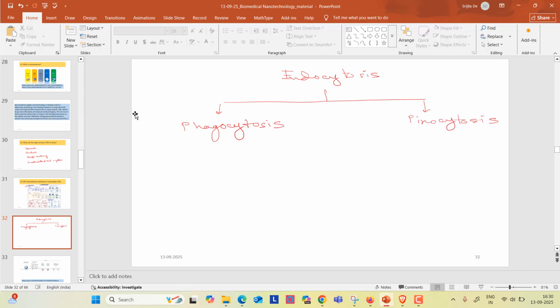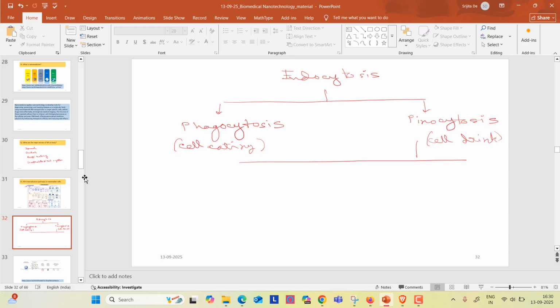Okay. So phagocytosis means the cell eating and pinocytosis means the cell drinking. This is cell eating and this one is cell drinking.